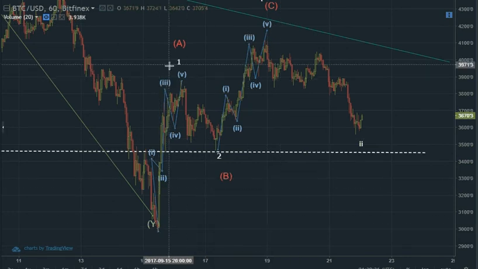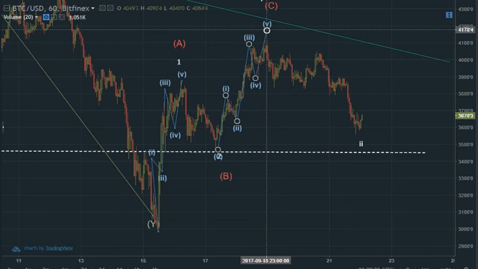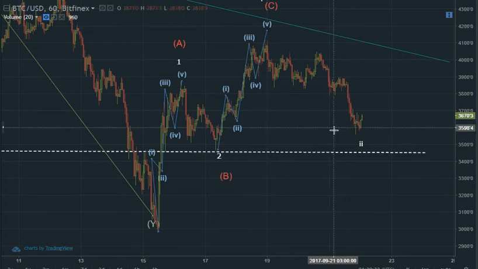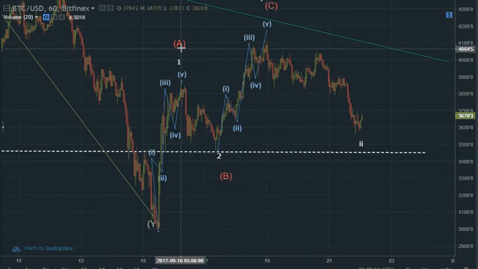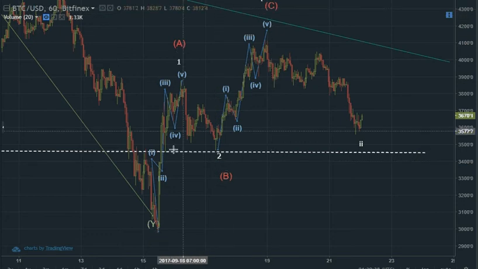A 5, 3, 5 is a zigzag. And this is a beautiful textbook zigzag with nicely placed 5 impulsive waves, giving A.